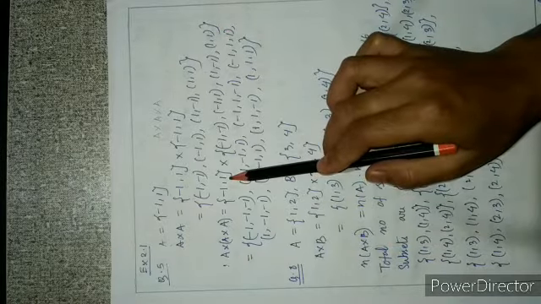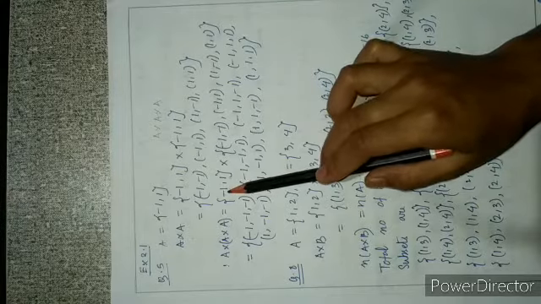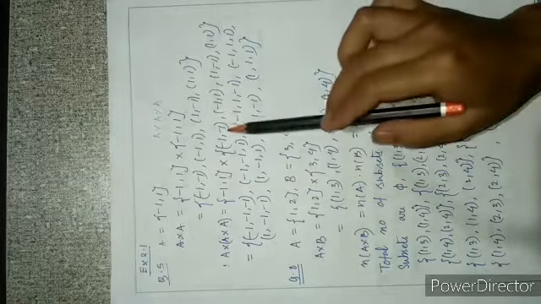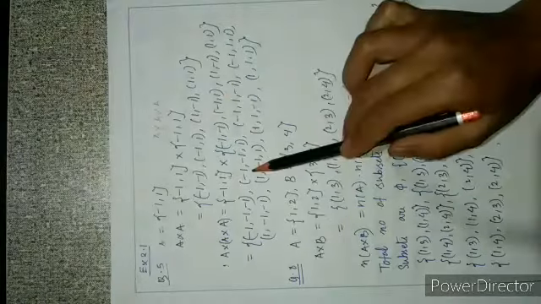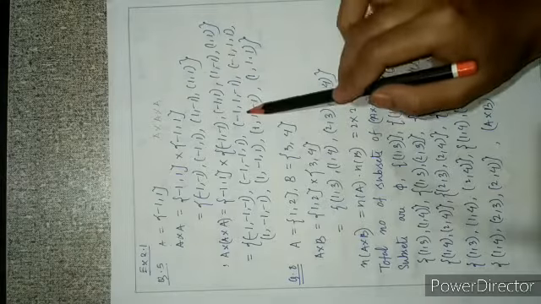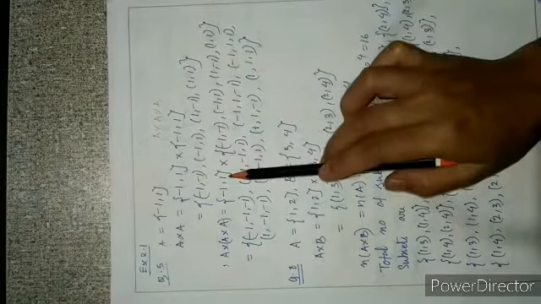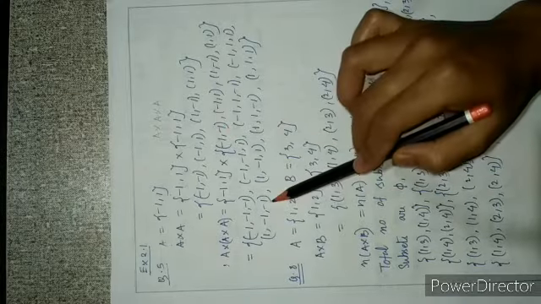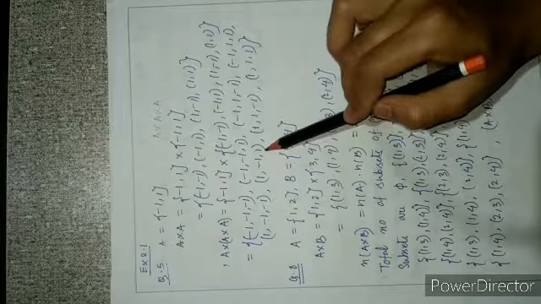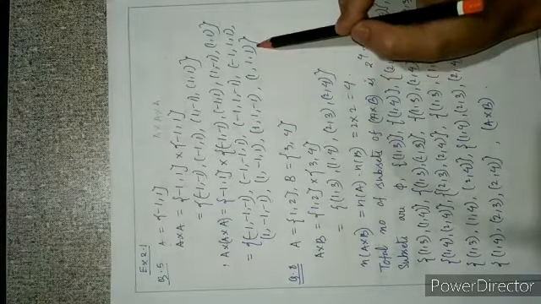Now we form ordered triplets. The first component is -1 or 1: (-1, -1, -1), (-1, -1, 1), (-1, 1, -1), (-1, 1, 1), (1, -1, -1), (1, -1, 1), (1, 1, -1) and the last element is (1, 1, 1).